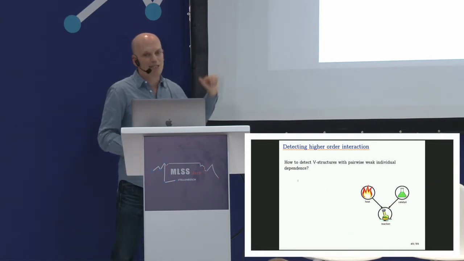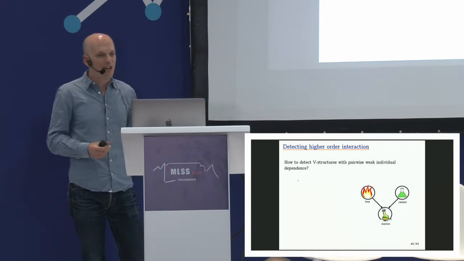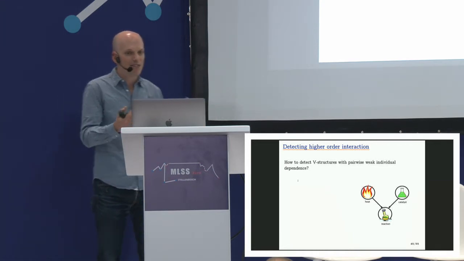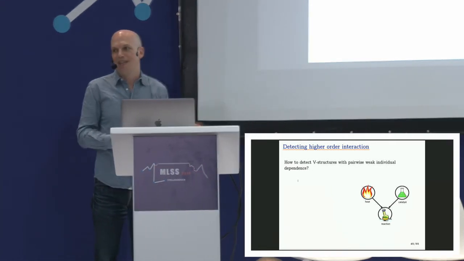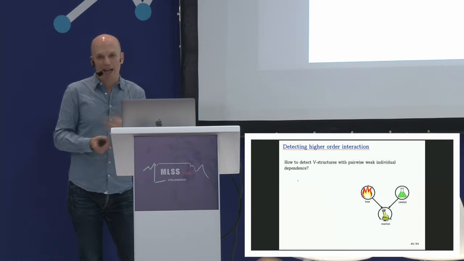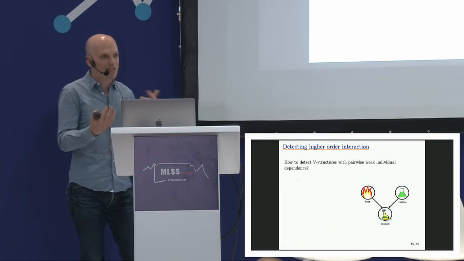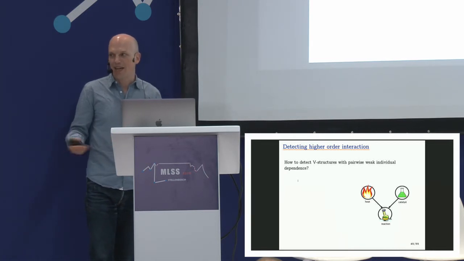But here is a nice example of a case where the individual effects are weak, but the combined effect is strong. Let's say I have some reagent, some chemical compound, and I apply heat to it, and some reaction starts to happen, but not very fast. If I apply a catalyst to it on its own, a reaction starts to happen, but not very fast. If I apply heat and a catalyst together, I get an explosion.